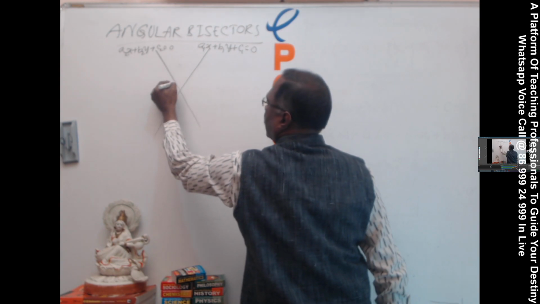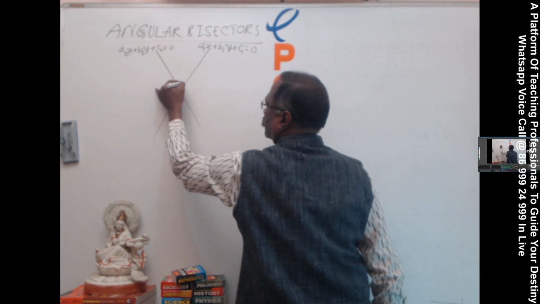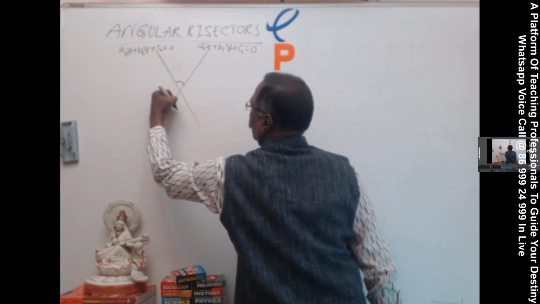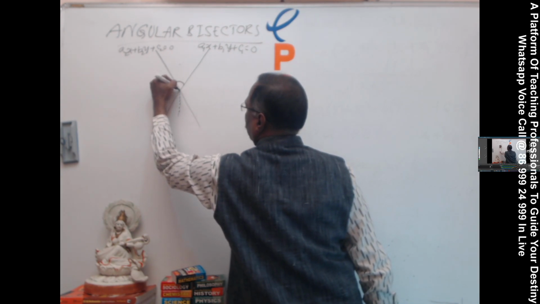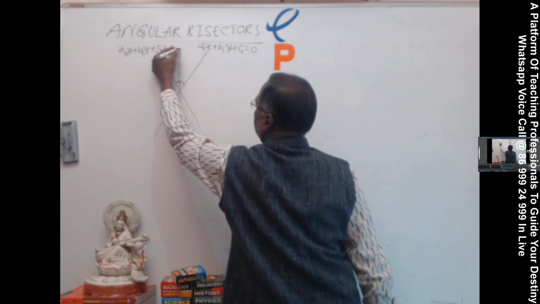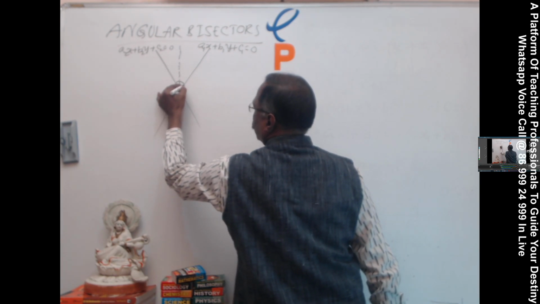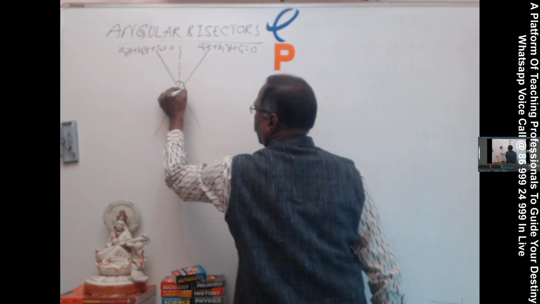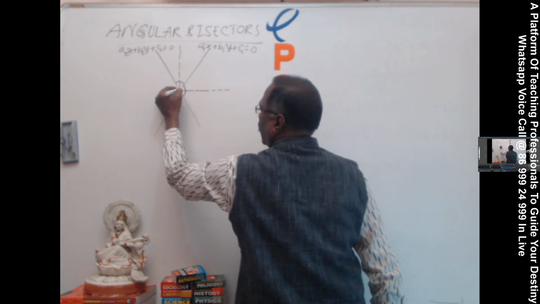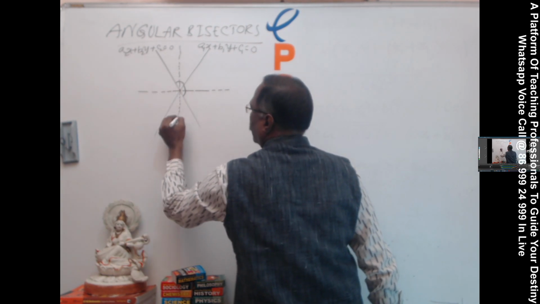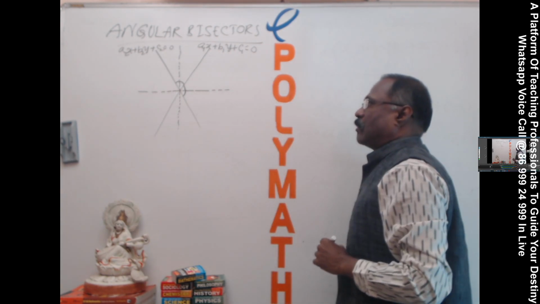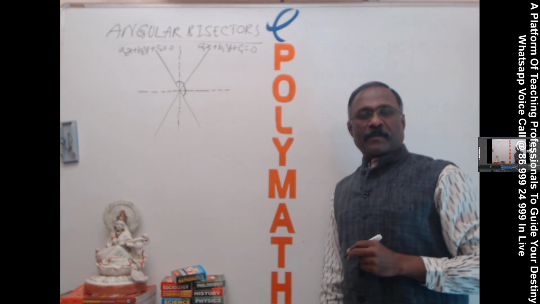Now we need the angular bisector of this. How many such angular bisectors will be there? 2 will be there. One is the acute angle bisector, the other one is the obtuse angle bisector. Now what is the property?